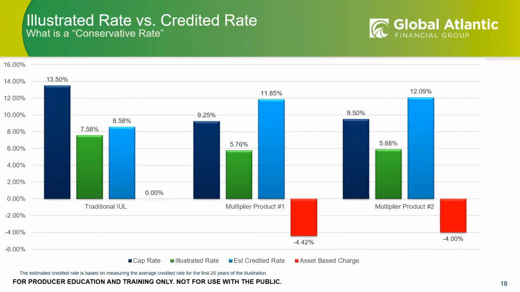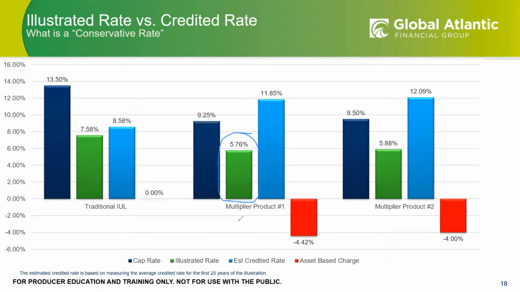So the illustrated rate is the first function: whatever the index change is, that's yours. It's your first index crediting rate before any multipliers are applied.